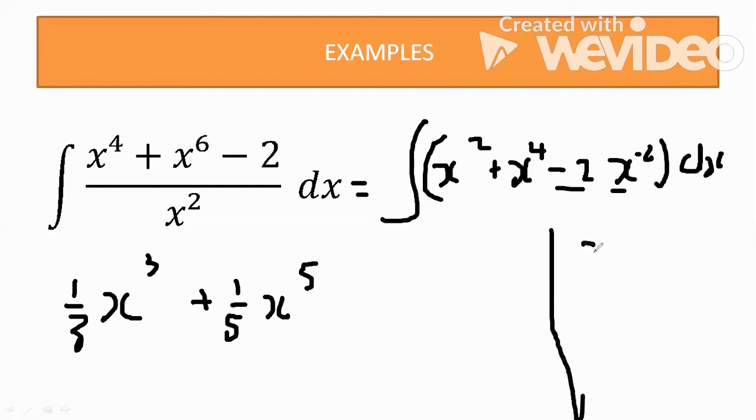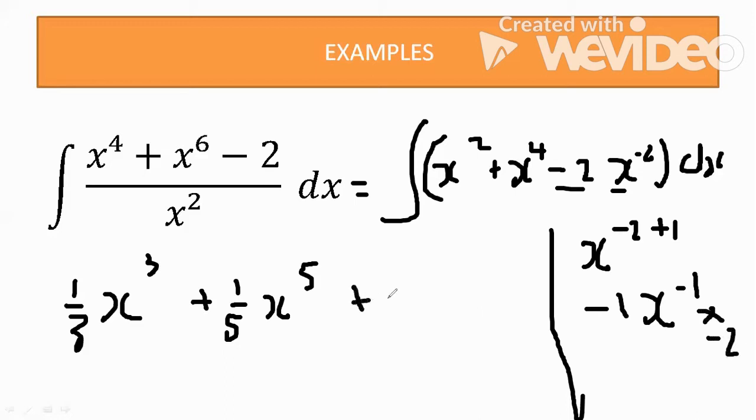If we integrate x to the negative 2, it's going to be negative 2 plus 1, which is negative 1. Then we divide everything by that, negative 1, and if we reciprocate negative 1, we still get negative 1. So this is x to the negative 1. But remember, we have a negative 2 there, so times it by negative 2. We're going to get a positive, not true?